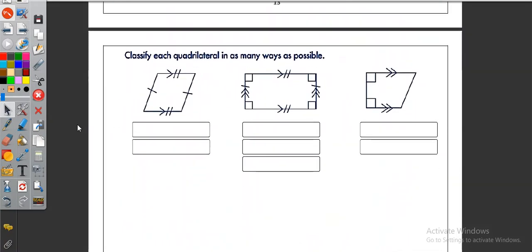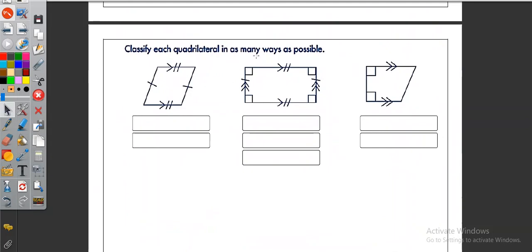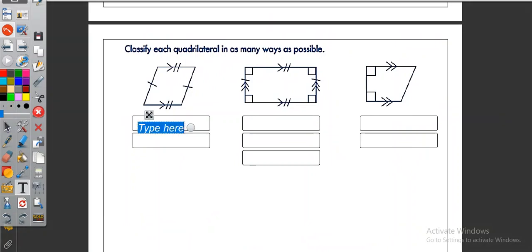Now go to the last question here. Classify each quadrilateral in as many ways as possible. Okay, this one is called the rhombus. It can also be classified as a, yes, parallelogram. This shape here is called a, yes, a rectangle.